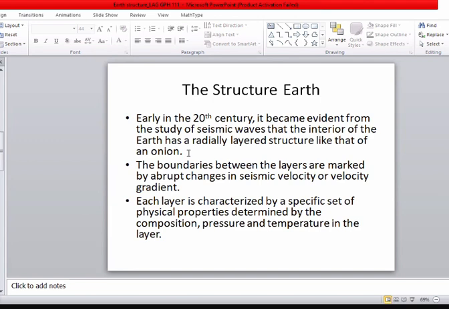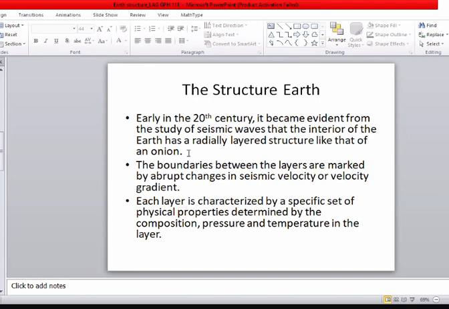Just imagine yourself taking an onion and cutting the onion with a knife. You are going to see so many layers which are not visible when you look at the onion as a bunch or as a whole.